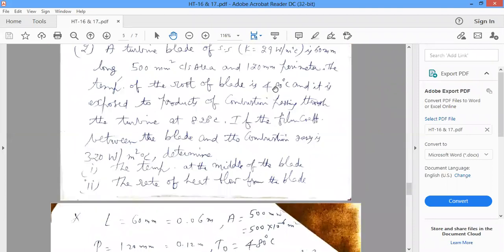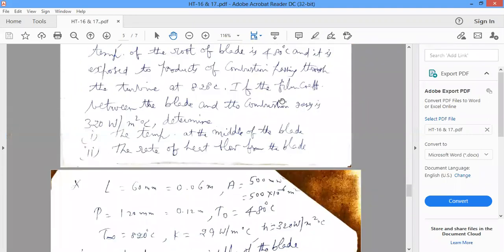T naught is 480 degrees centigrade and T free stream is 820 degrees centigrade. The film coefficient between the blade and the combustion gases is 320 watt per meter square Kelvin. That is the h value, h is equal to 320 watt per meter square Kelvin.